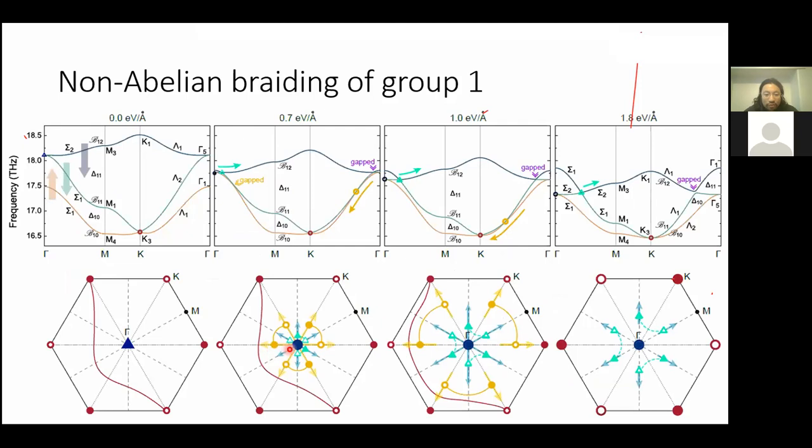So for example, if we just decrease the electric field from 0.7 to 0.0, these two yellow nodes will cross the Dirac string of these nodes in gap 11. So their sign will be changed. So we will have 6 open circles.